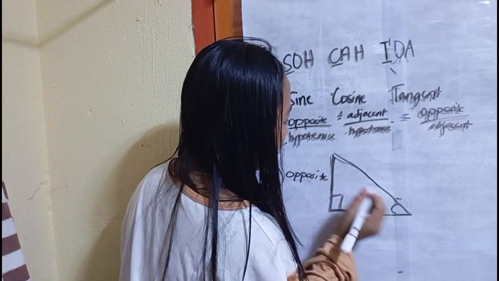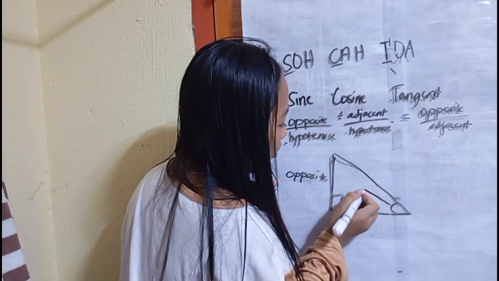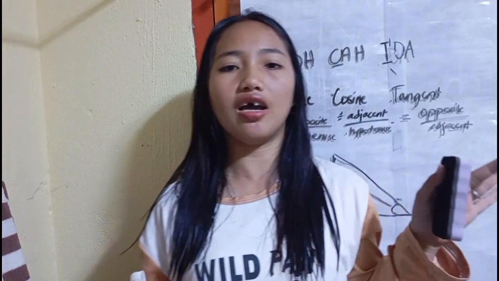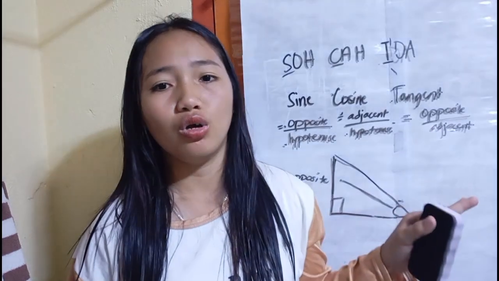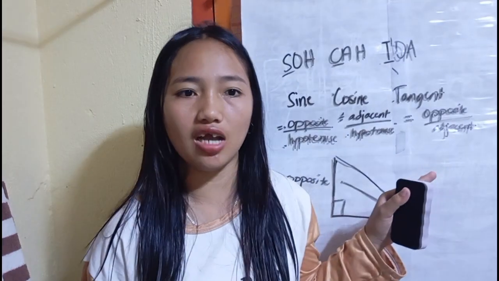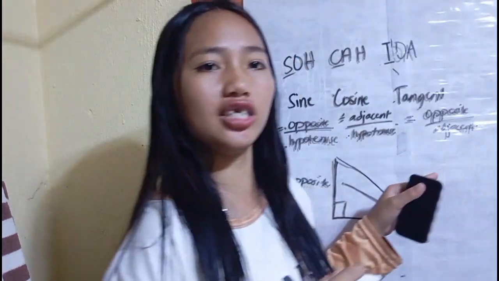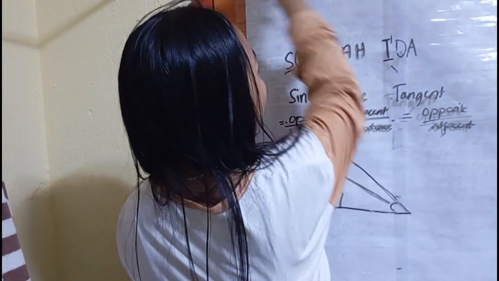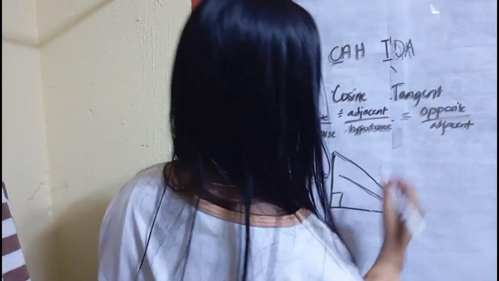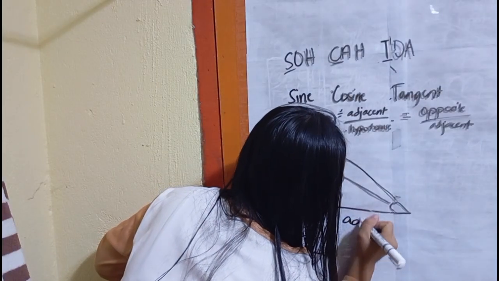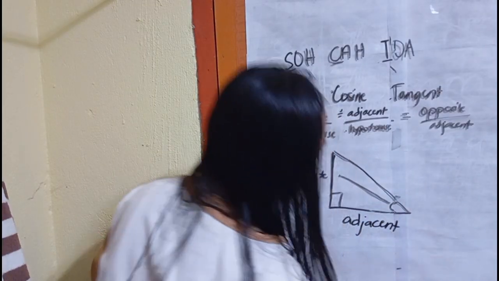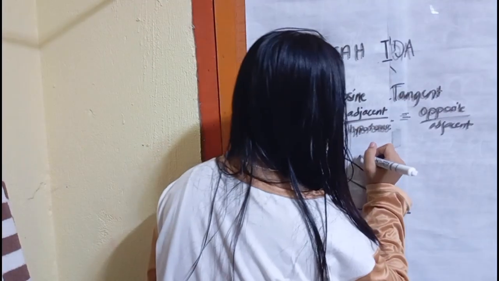This side is the opposite, which means it does not touch the angle. And the adjacent is the side beside the angle, which touches the angle, while the hypotenuse is the longest side. Let's put it there: here, adjacent, and the hypotenuse.